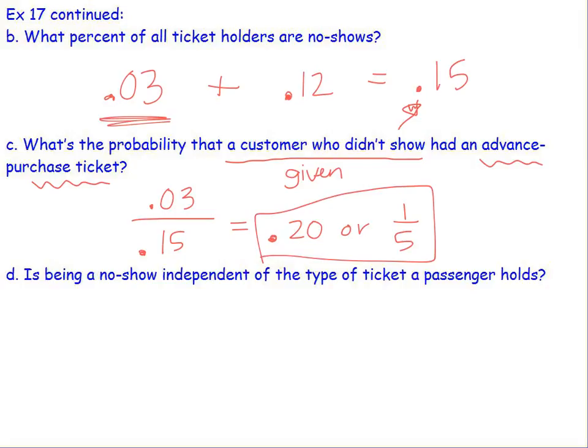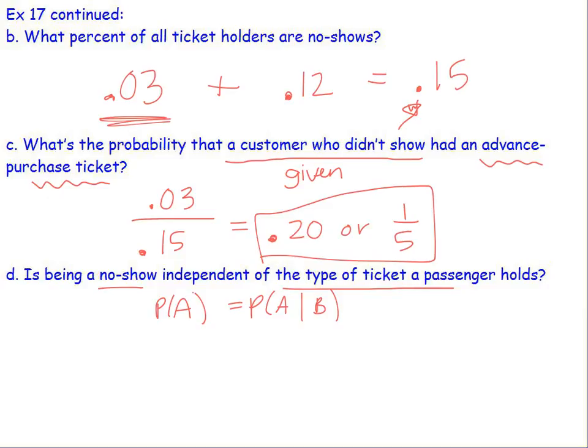Last question, is being a no-show independent of the type of ticket? So this is the independence check, back to the probability of A has to equal the probability of A given B. Remember the given, which is B, has to come first. So that is the type of ticket.